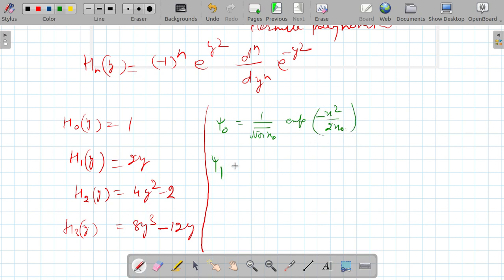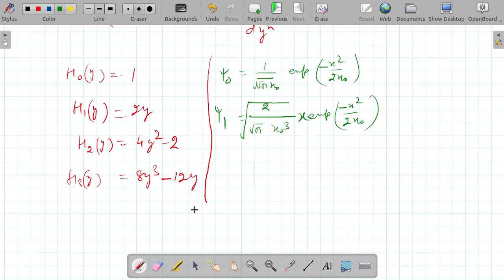And similarly we can calculate psi 1, and its value will be 2 over root pi x naught cube, whole under the root, into x, exponential minus x square over 2 x naught square.